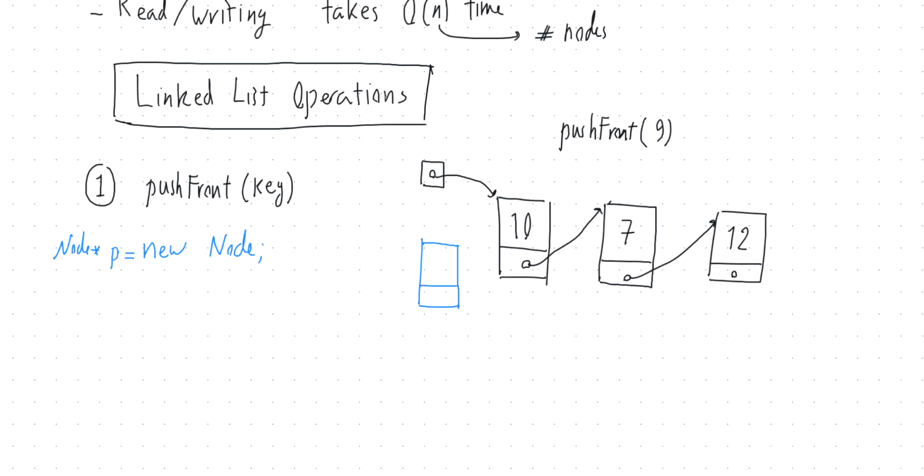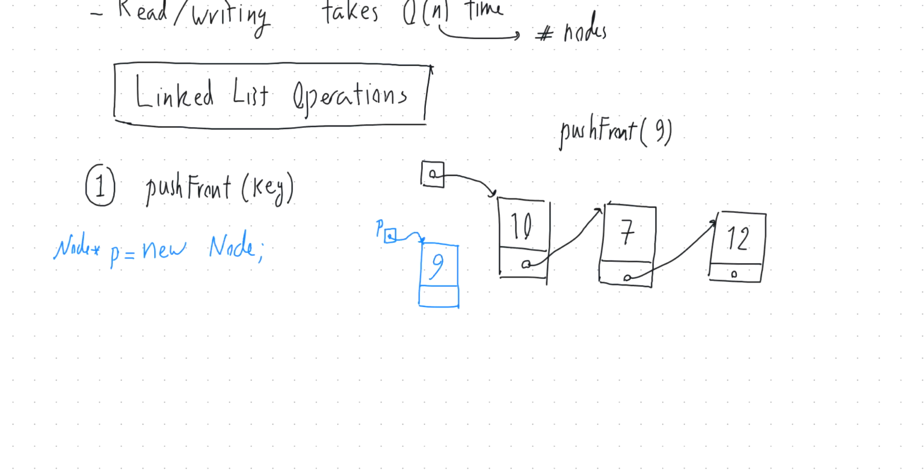When I do that, it creates this pointer P that points to this newly created node, which is going to be my first node, because I'm pushing this to the front of the linked list. Then I use this pointer P, which is returned by the new operator, to write 9 as the key or data for this node. So I say P arrow data equals 9.